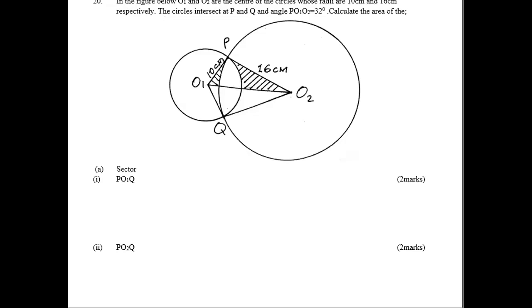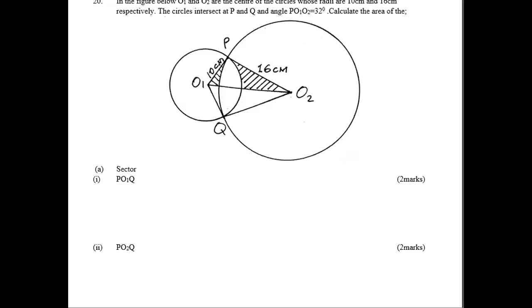PMO2 is a right angled triangle, again at M. We do not have angle PO2M, but we have PM as 5.3, and we have PO2 as 16, which is the hypotenuse.